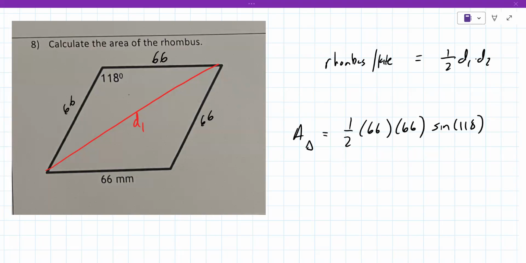So then 3,846.12. Yeah. And we got some units here. Millimeters squared. Yeah. Millimeters squared.